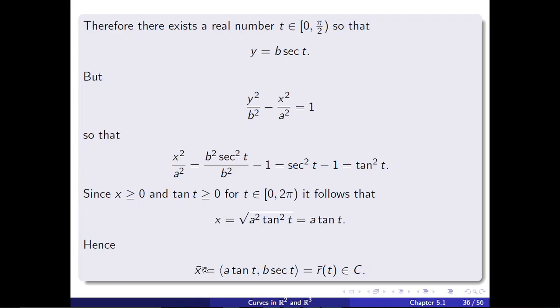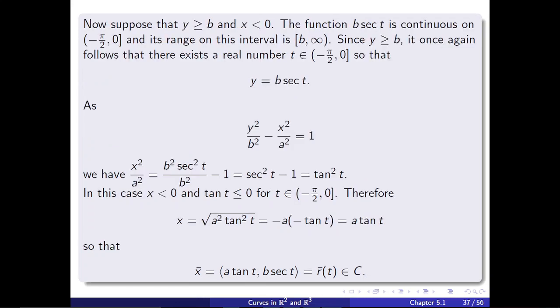Hence (x, y) is equal to (a tan t, b sec t), which is r of t, which is in C. Here we found y first, and then we found x, and therefore x is in C. So that case is done.